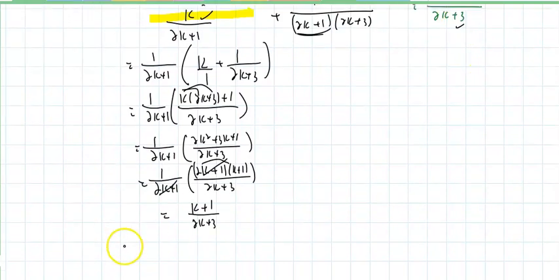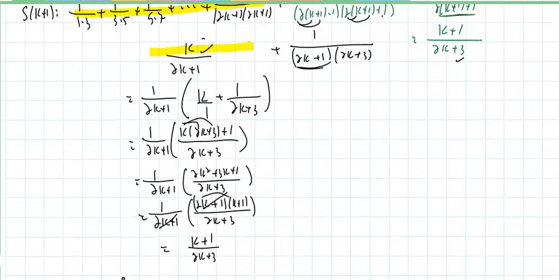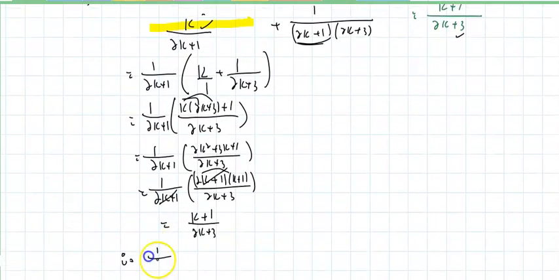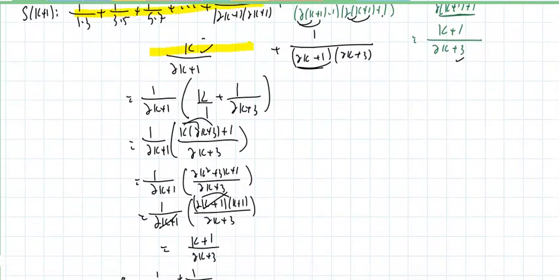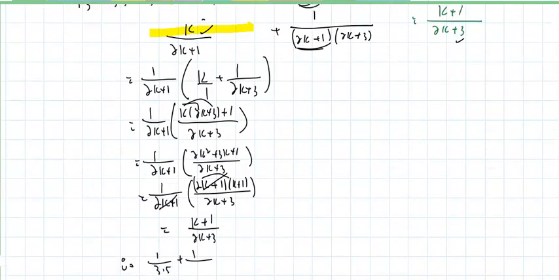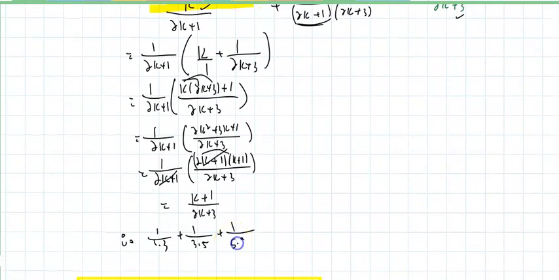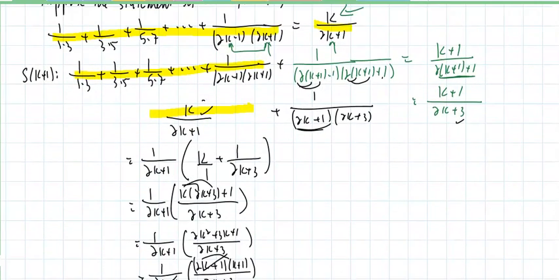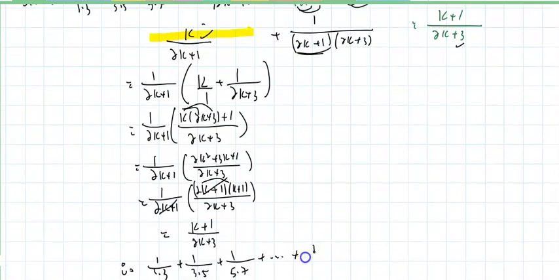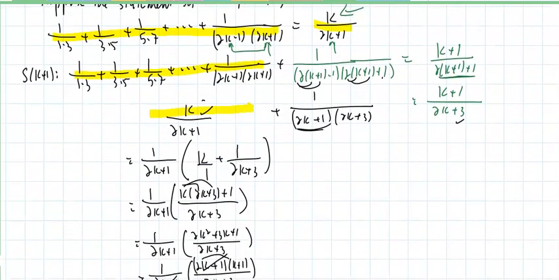Therefore, 1 over 1 times 3 plus 1 over 3 times 5 plus 1 over 5 times 7 plus up to 1 over (2n minus 1) into (2n plus 1) equals n over (2n plus 1).